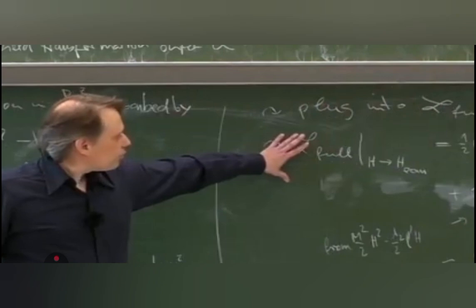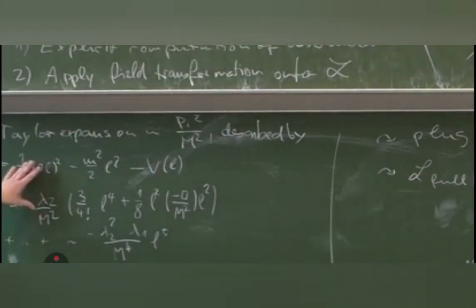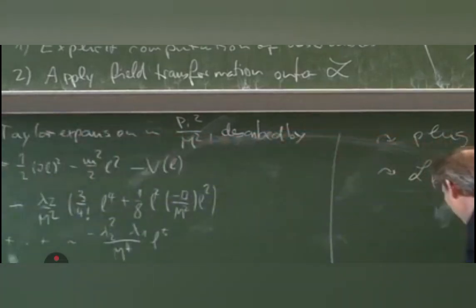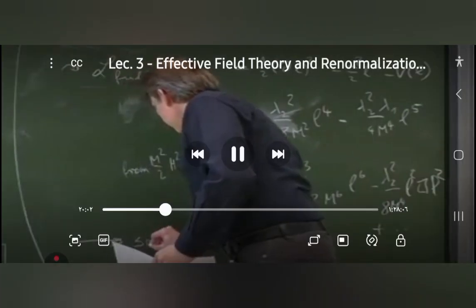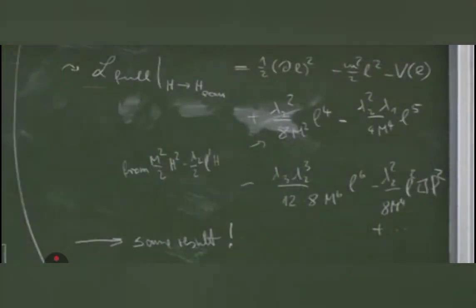The Lagrangian that we have written down here, obtained from the equation of motion, is the same as the Lagrangian we obtained here from matching Feynman diagrams. That is the big important observation. Okay, so this is lesson 1. We can construct effective field theories in two different ways with twice the same result.